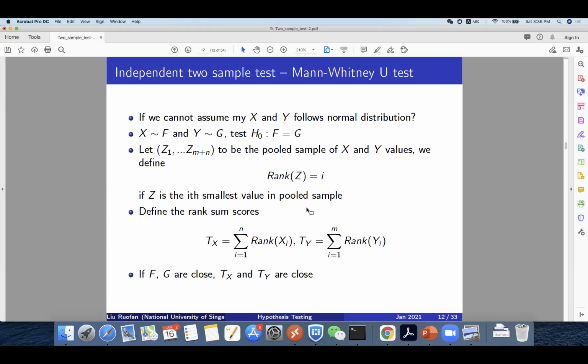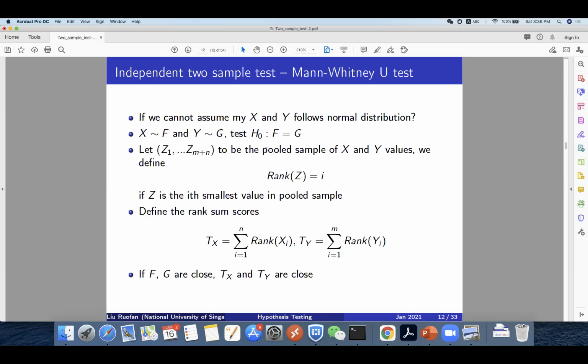But what if we don't put any assumption on x and y? If x is from a distribution f and y is from a distribution g, and we want to test the null hypothesis that f is roughly equal to g, we can use the Mann-Whitney test. Step one of the Mann-Whitney test is that I collect all the samples from x and y together.